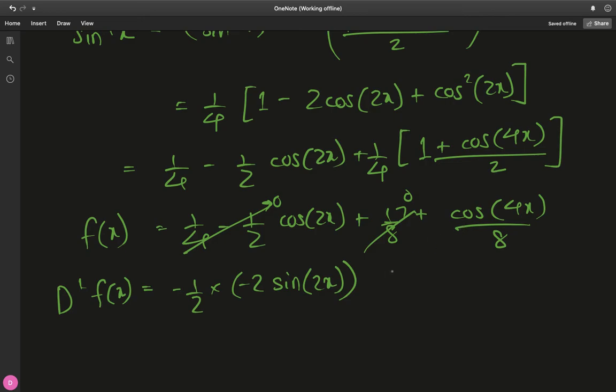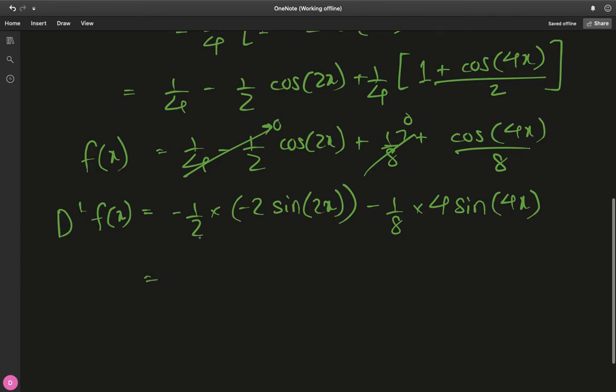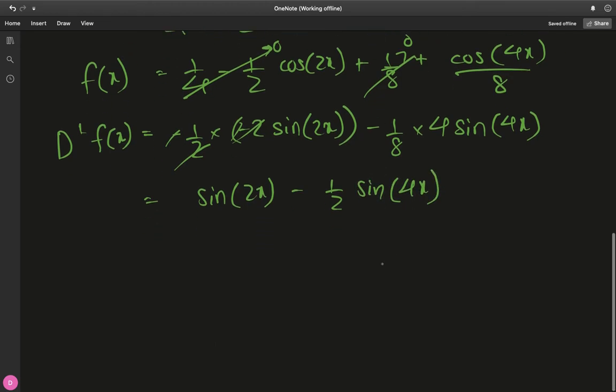And when it comes to differentiating this, we have minus 1 over 8 times 4 times the sine of 4x. Negatives will cancel, the 2's and half will cancel. We have sine of 2x minus half of sine of 4x.